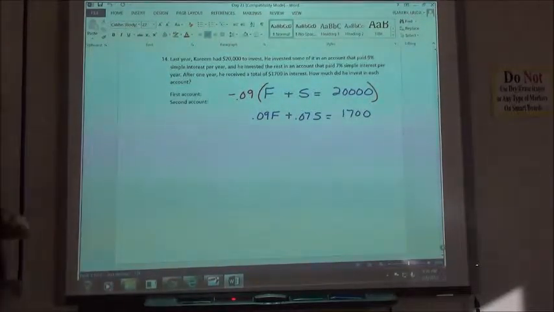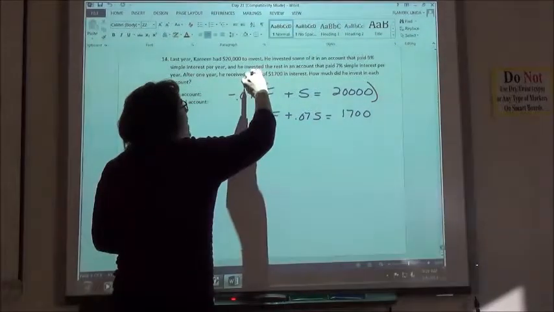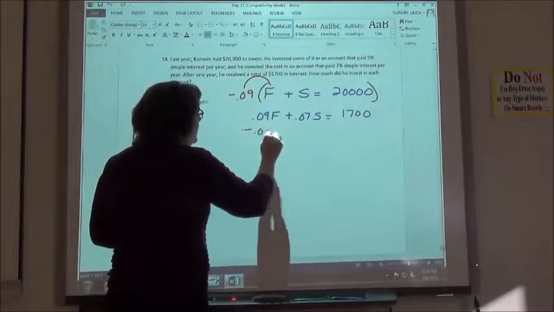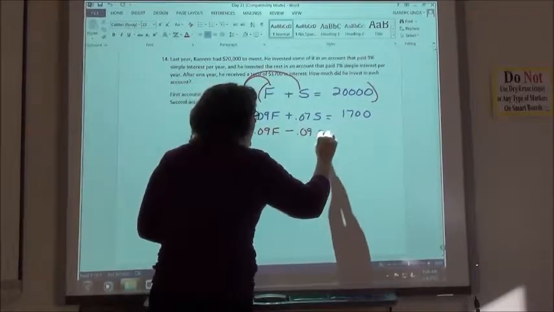So when we're doing that elimination method, we try to make opposites so that when we add, we can cancel them out. So we have negative 0.09f. We'll also have negative 0.09s.